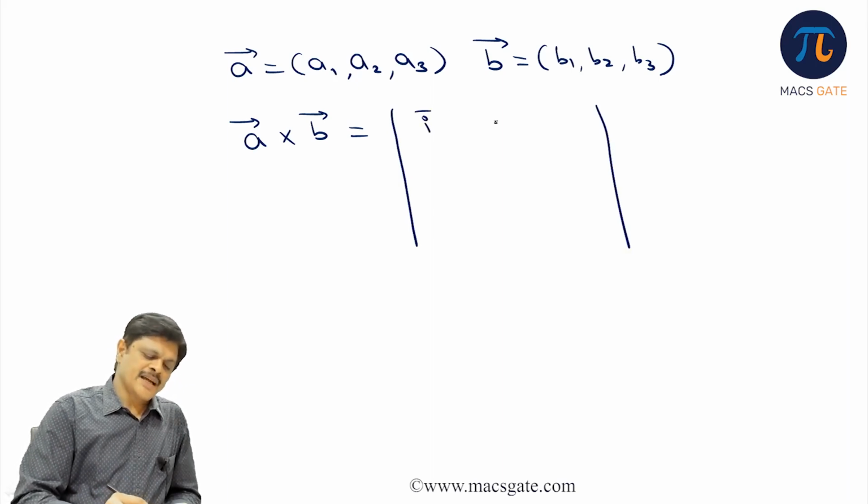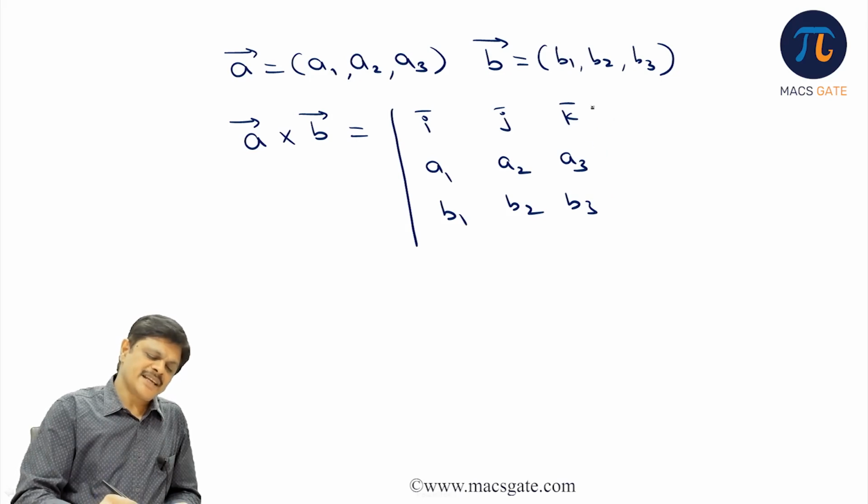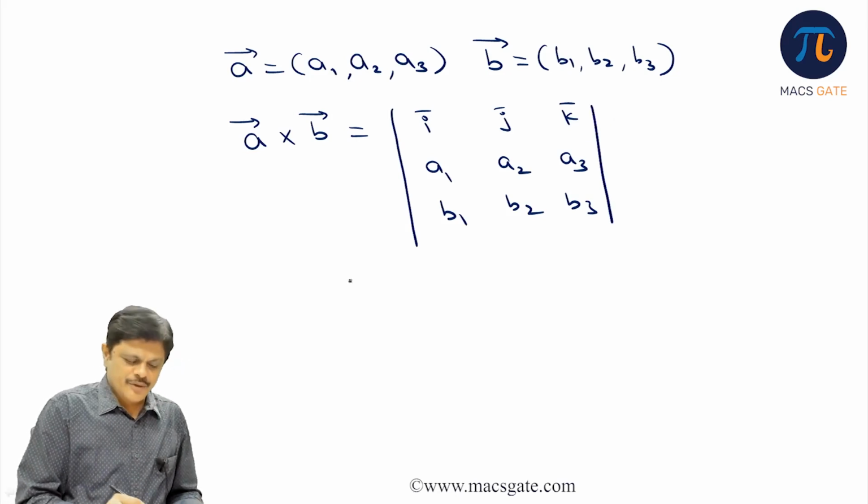The first row is i bar, j bar, k bar. In the second row you write the components of A bar, that is A1, A2, A3. And in the third row you write the components of B, that is B1, B2, B3. You all know how to find a 3 by 3 determinant. Same way you find this.